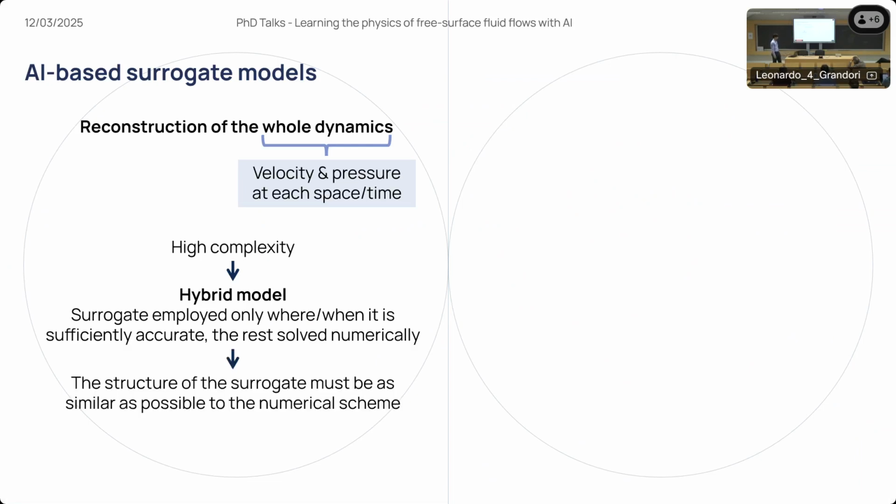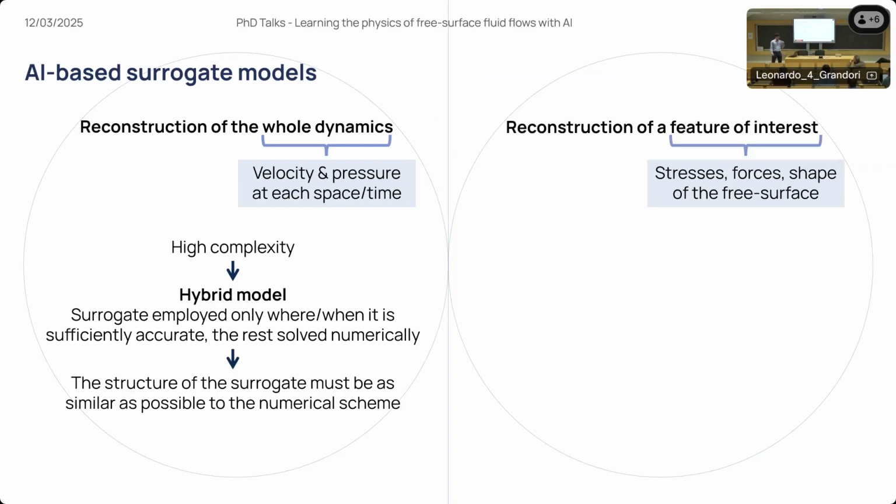To do that, the structure of the surrogate model must be as similar as possible to the numerical scheme to be coupled. On the other side, we can only reconstruct some features of interest of the simulation, for example, some stresses, some forces, or the shape of the domain or the free surface.